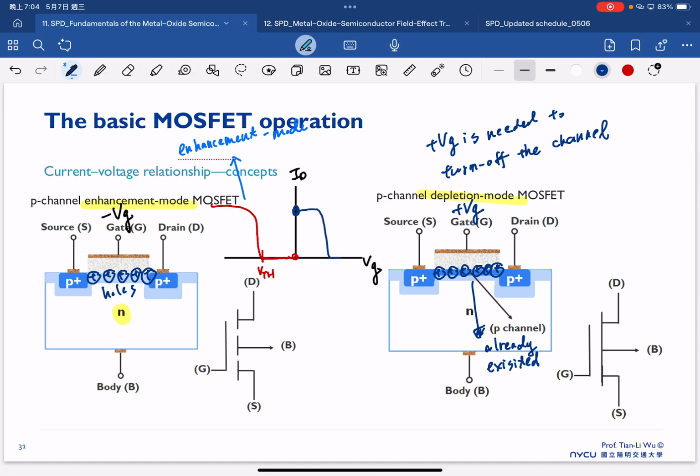Then finally, we can push away our holes in the channel and switch off our device. So in this case, this is our threshold voltage. So this is the case of a depletion mode P-channel MOSFET.